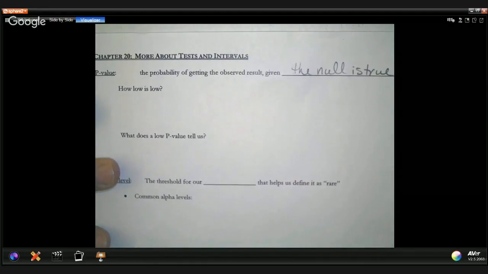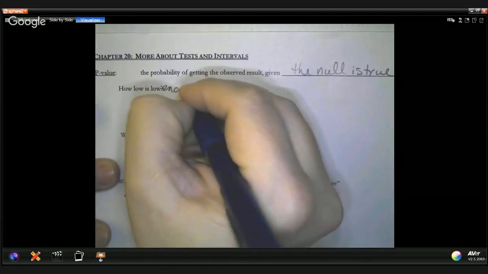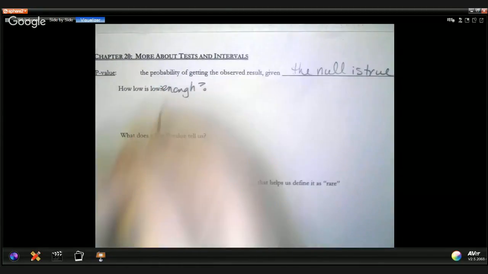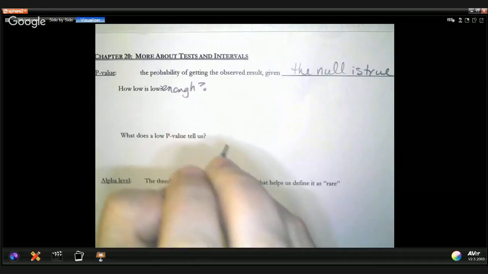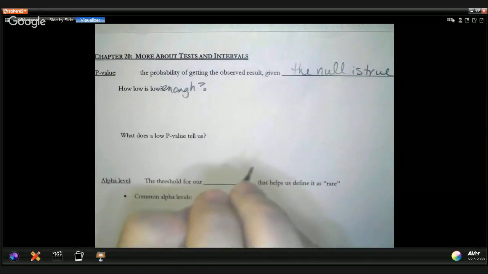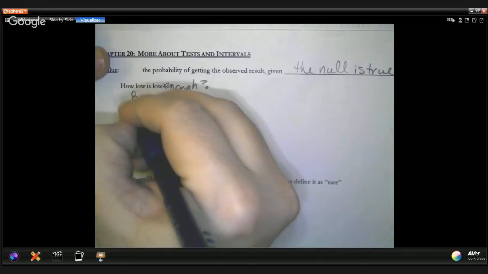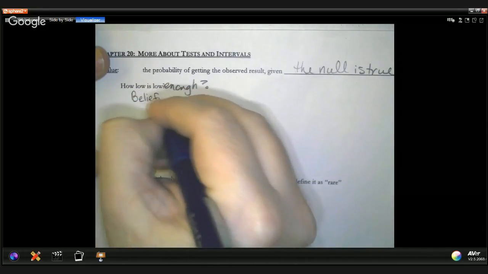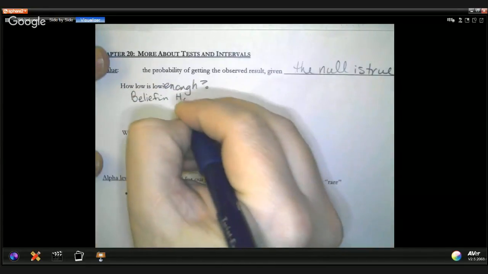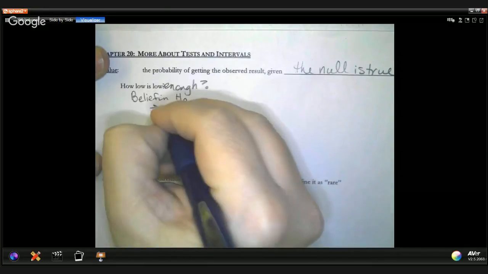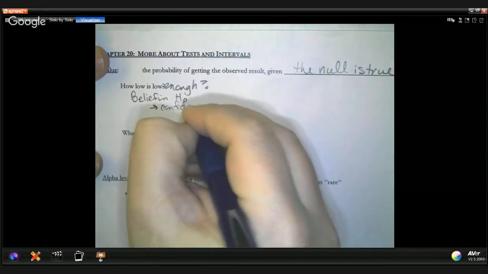And a question we need to ask ourselves is, how low is low enough? Well, it kind of depends on a couple things. The first thing, it depends on your belief in the null. Are you confident in the data?